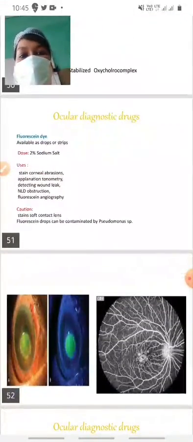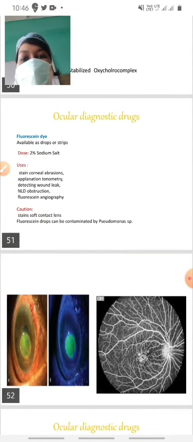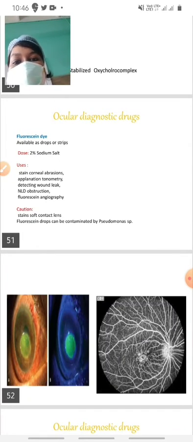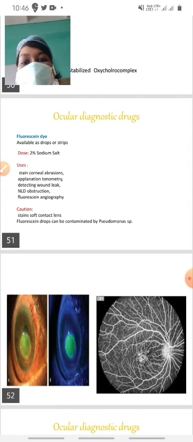Next is the ocular diagnostic drugs, which means the drugs which are used to diagnose certain conditions. The most commonly used diagnostic drug is fluorescein dye, which is available in the form of sodium salt.